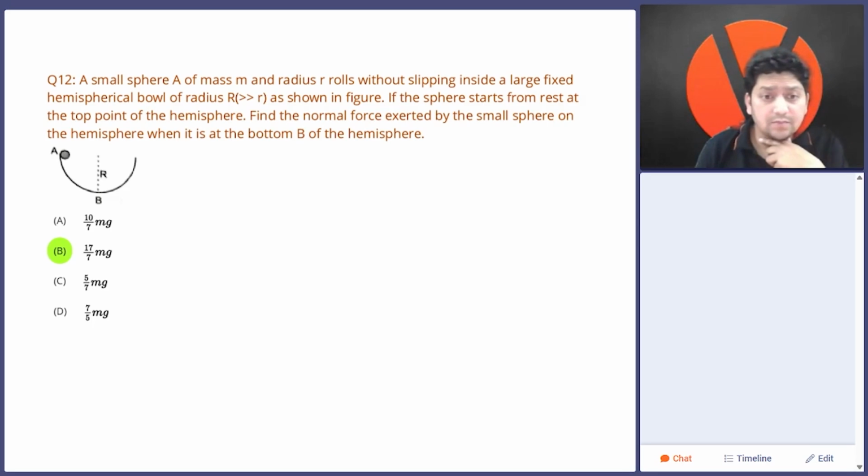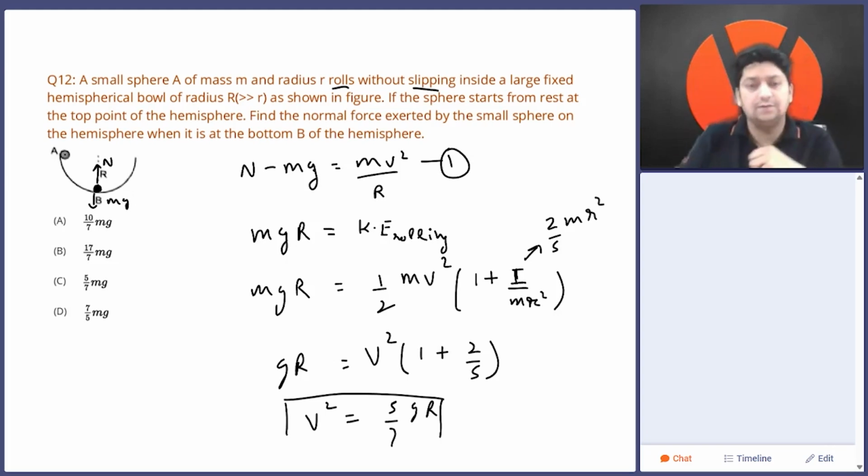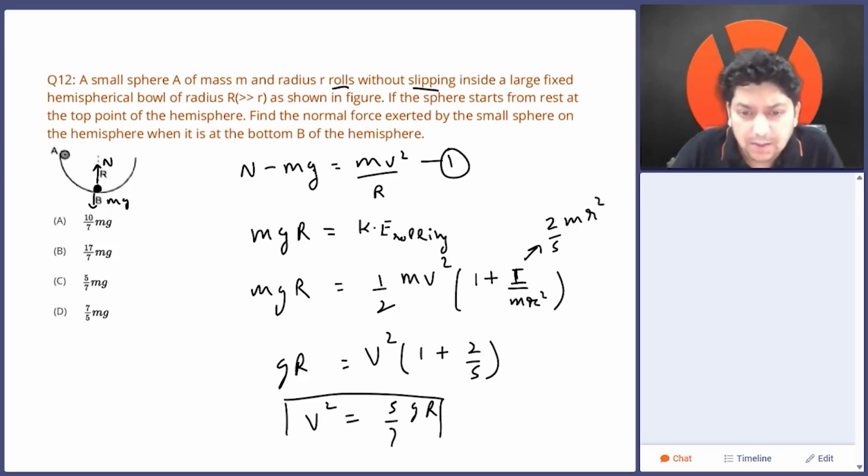Okay, is there some error? Let me recheck. mgR is equal to the kinetic energy of rolling. MgR equals half m v square into 1 plus 2 by 5, the mr square cancelling out. Just a second, I missed 1 by 2 over here, right?